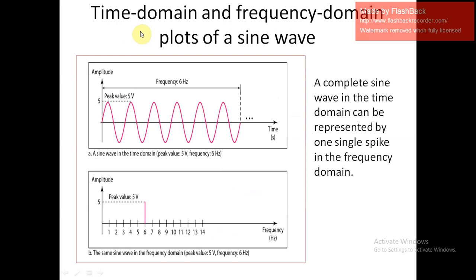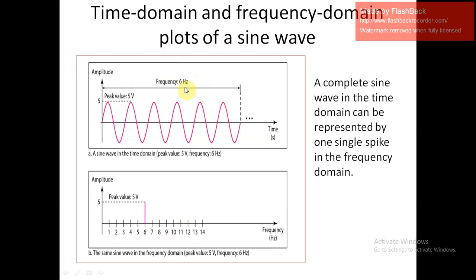Next we come to the time domain and the frequency domain representation of a simple sine wave. The first picture shows a simple sine wave with an amplitude of 5 volt and the frequency is 6 hertz. If I want to convert this time domain representation into frequency domain representation, we have to see at which frequency the signal is propagating.